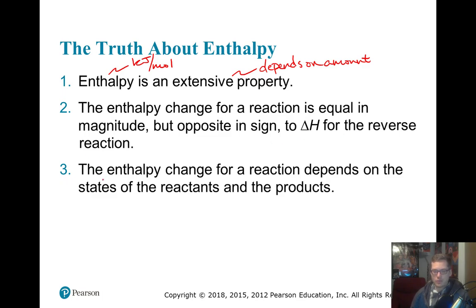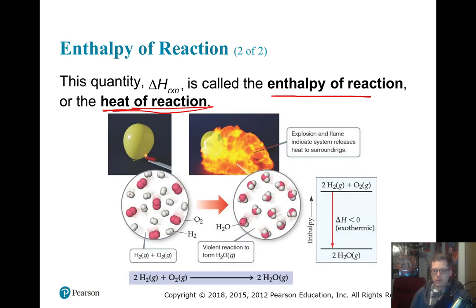And finally, number 3, the enthalpy change for a reaction depends on the states of the reactants and products. This is an interesting idea. Over here, we reacted hydrogen gas and oxygen gas. Hydrogen gas is going to be at a relatively high energy state.